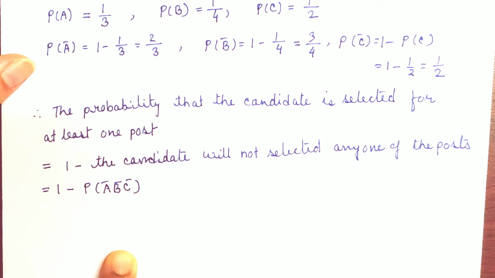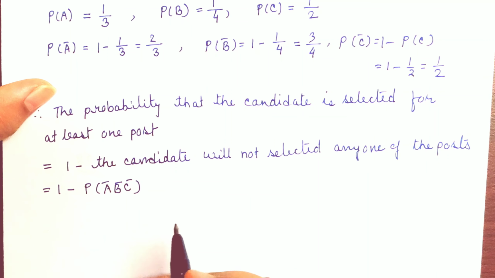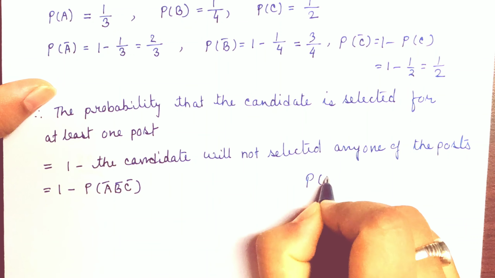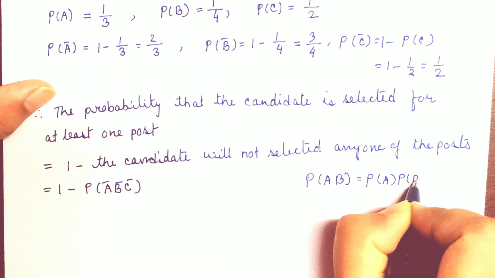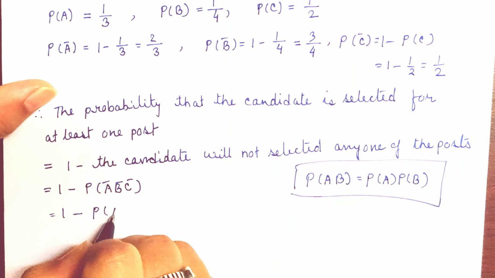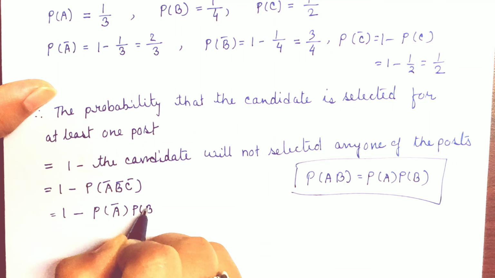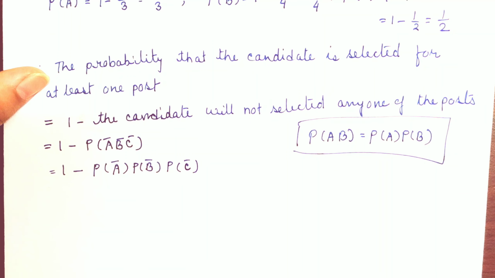A, B, C are 3 independent events. Therefore, A bar, B bar and C bar are also independent events. And for independent events, P(AB) is equal to PA into PB. We can write PA bar into PB bar into PC bar.